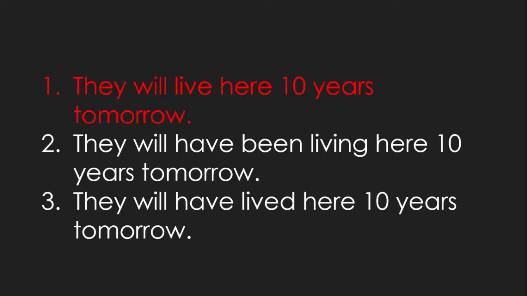So they will have been living here 10 years tomorrow, future perfect continuous, or they will have lived here 10 years tomorrow, if you're just giving a little bit less emphasis on the process and more on the result. So no difference really between 2 and 3, just one is future perfect continuous, the other is future perfect.